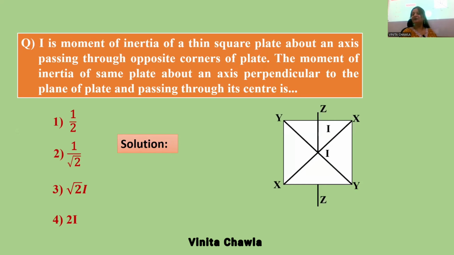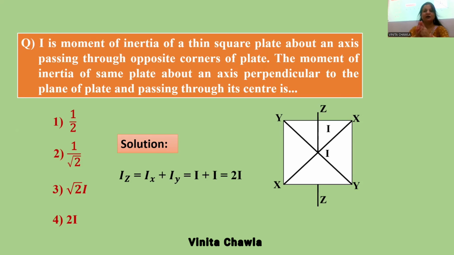How will we find it? We have to find the moment of inertia about an axis which passes through the center and is perpendicular to the plane of the plate, meaning about the z axis. So Iz is Ix plus Iy, we know. Opposite corners mean diagonals.